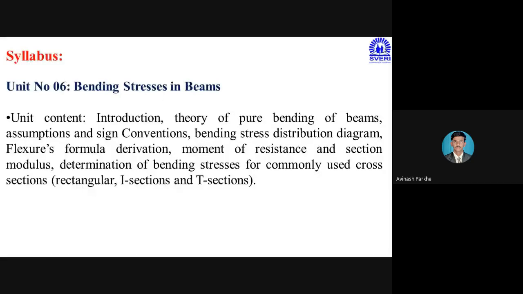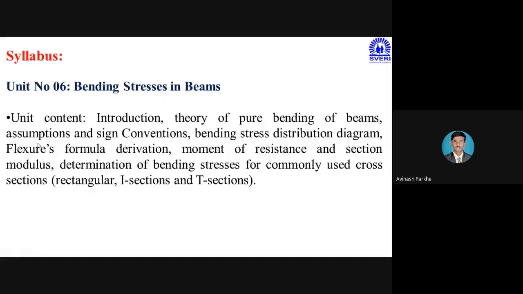When we started the torsion chapter, in the theory of torsion, we had the assumptions made in the theory of torsion. Similarly, we have to consider some assumptions in case of the bending stress formula also. Which conditions the beam has to satisfy, that represents the assumptions made in the theory of pure bending.